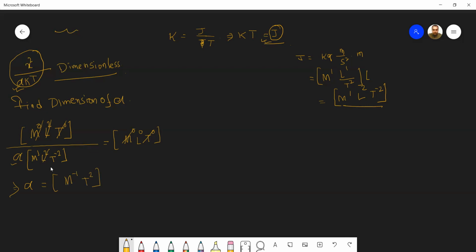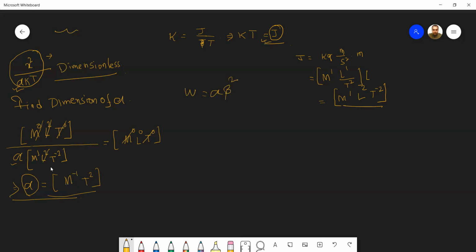So this way we have been able to calculate the dimension of alpha from this quantity. Very important, because this dimension of alpha will be required when we calculate the dimension of beta.